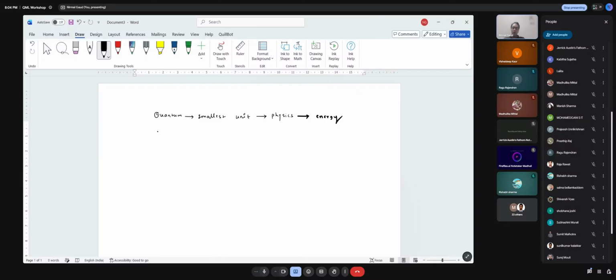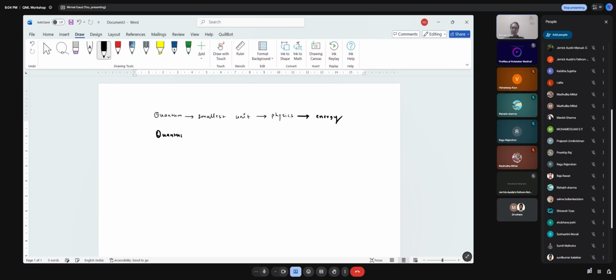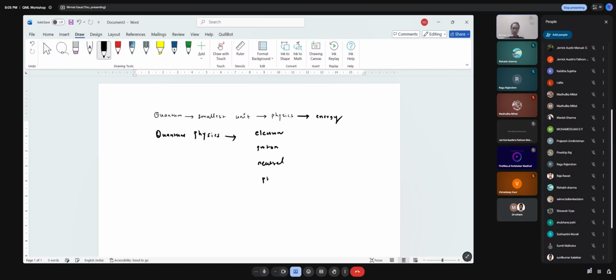So, what is quantum physics? Well, it is the study of these smallest units, which are categorized as electron, proton, neutron, photon, whatever the elementary particles are.